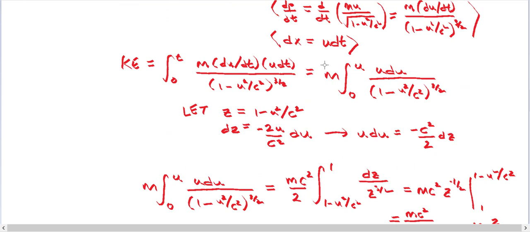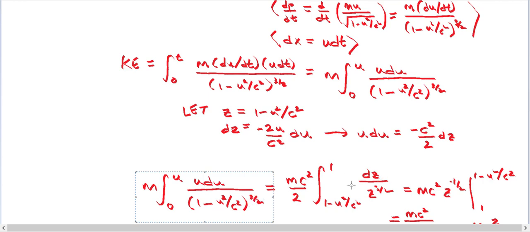So now let's look at this integral with that little bit of information. The integral from 0 to u of m du over quantity 1 minus u squared over c squared, to the 3/2.